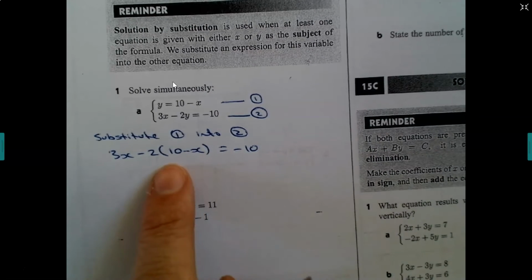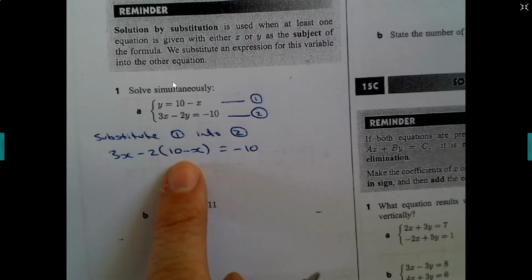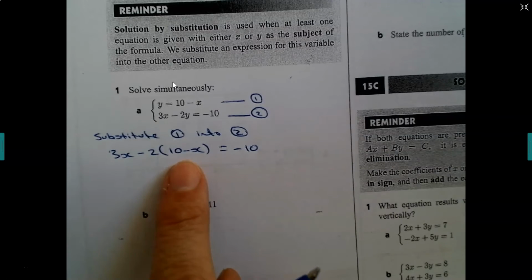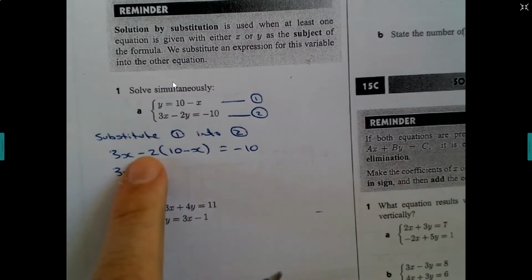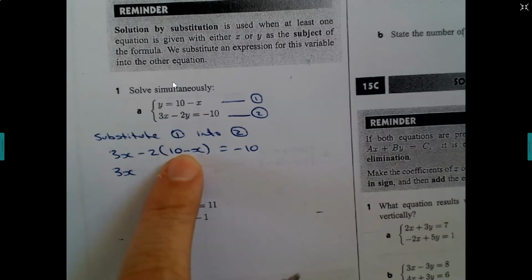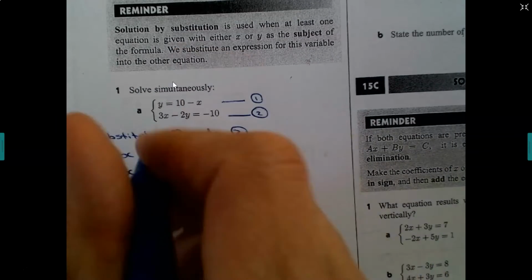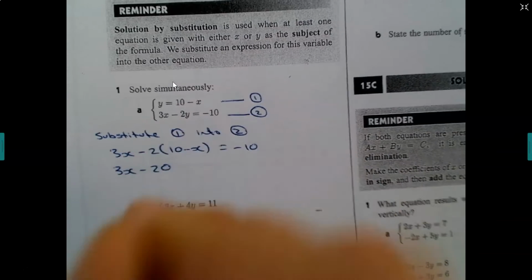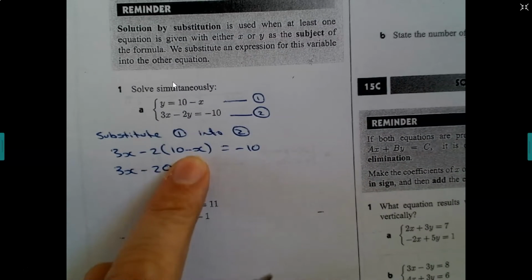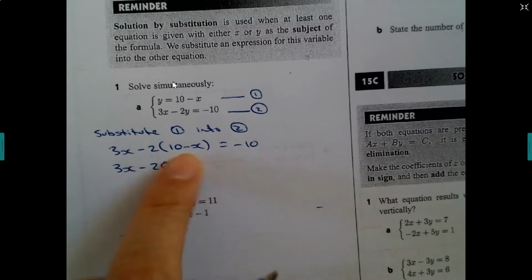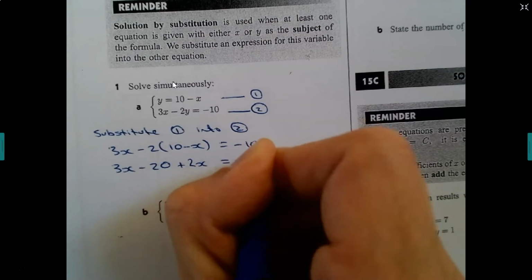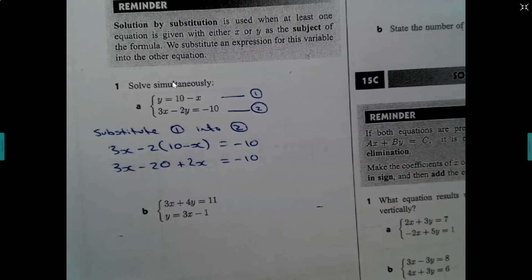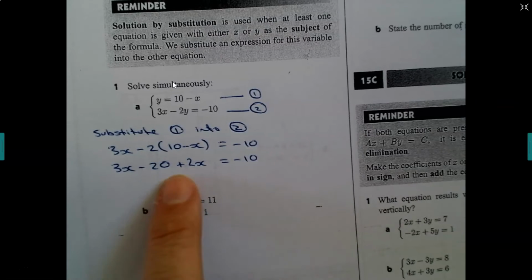Now, let's expand these brackets, collect like terms, and solve for x. So 3x stays as is. Now, if I expand this bracket, minus 2 times 10 is minus 20. Then minus 2 times minus x is plus 2x is equal to minus 10. Now, let's collect like terms.